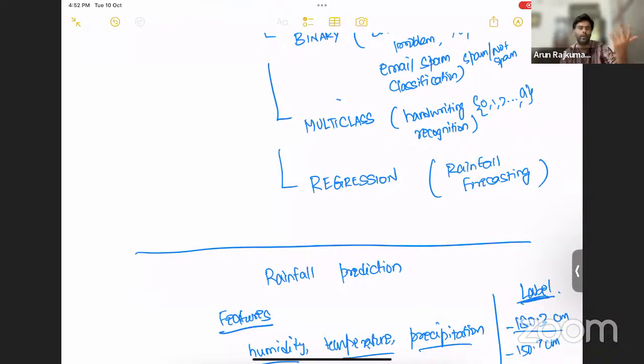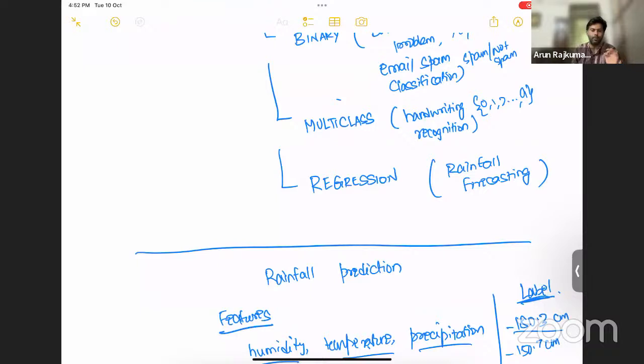So can you give me a different example of a regression problem where you might have to predict any number, not just a number in a finite set? Chandrayaan 3, great.